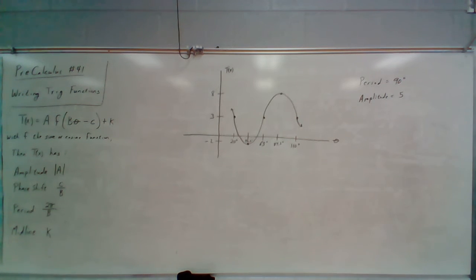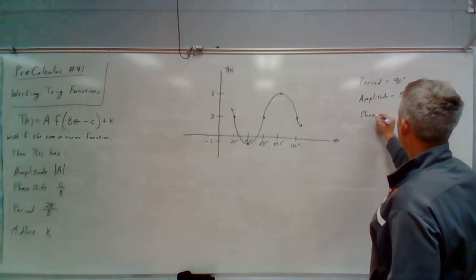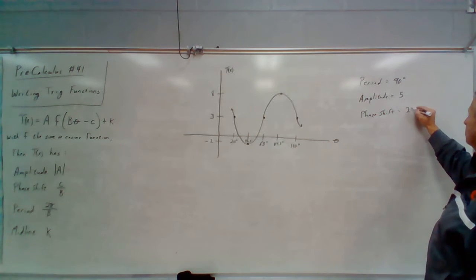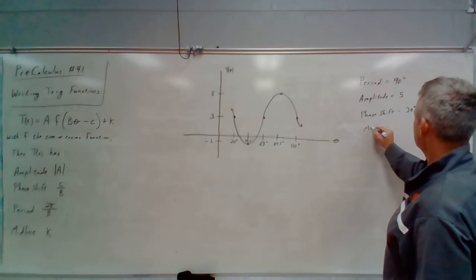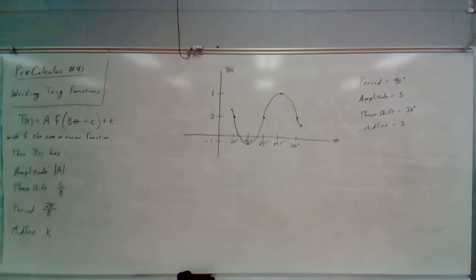Maybe we want the phase shift, or how far it has been shifted. The phase shift is 20 degrees. And the midline, that's really easy to see. The midline is at 3, so the vertical shift is 3.